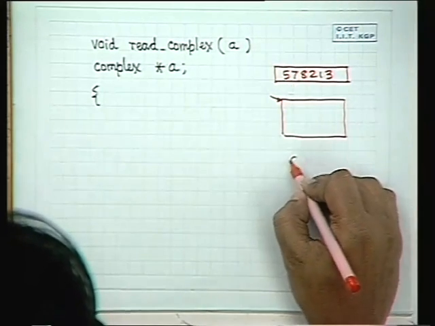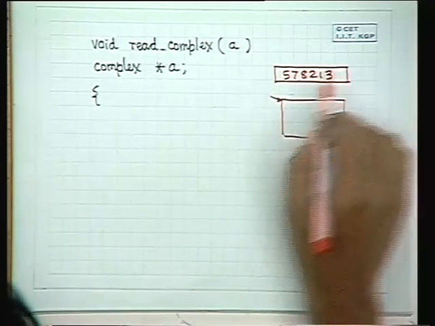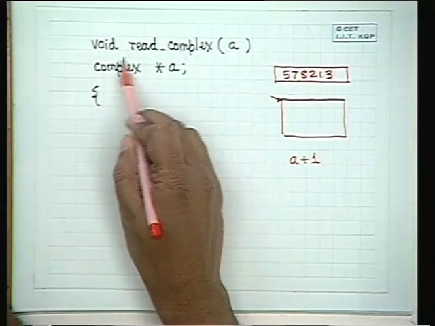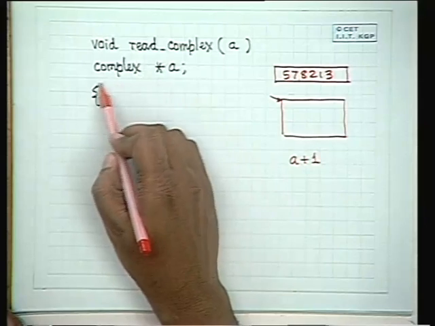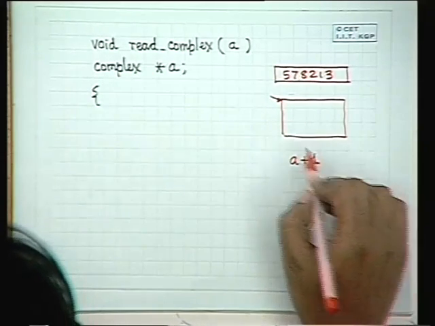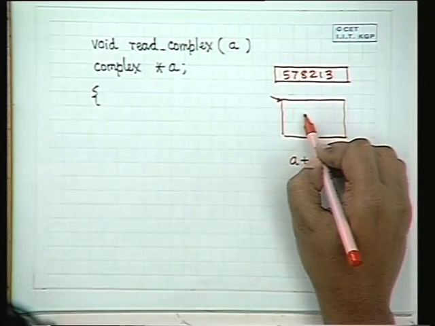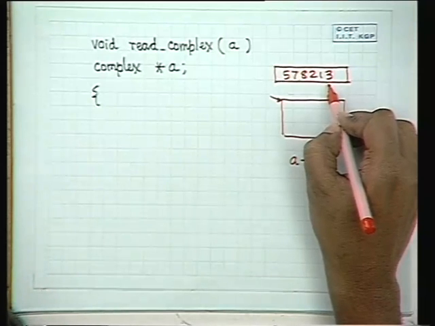And if you write A plus 1, this will jump by the size of this complex number. The increment will be made according to the size of this complex number. If the complex number is of size 2 integers, which is say 8 bytes, then A plus 1 will increment it by 8 bytes.